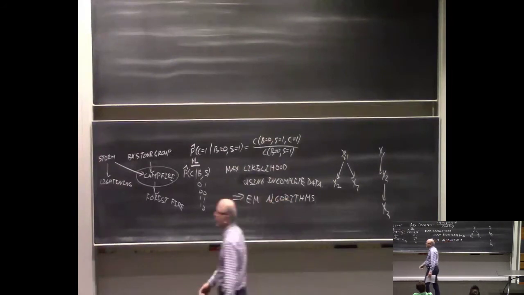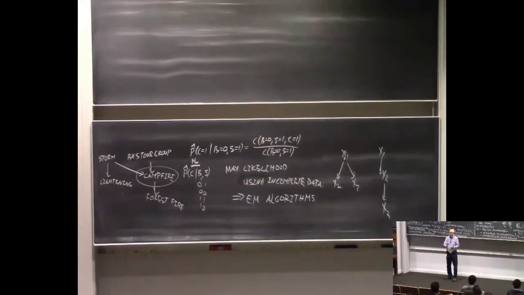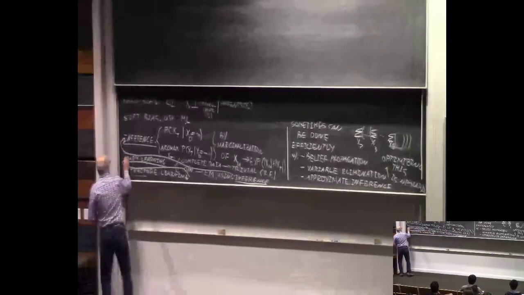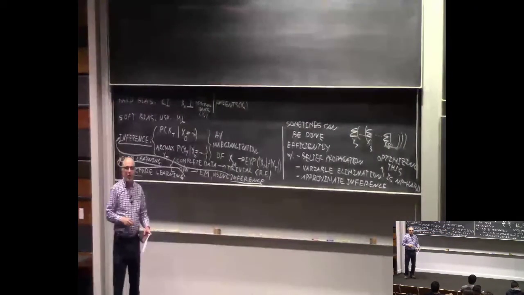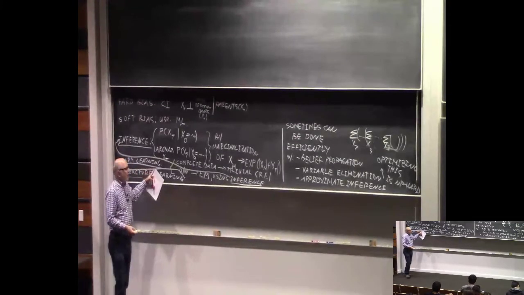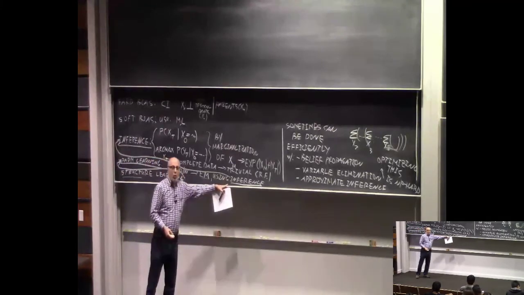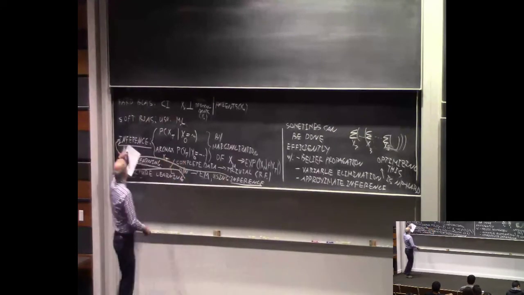So in order to take one step in structure learning, the simple step of comparing 2 structures, I need to do parameter learning. If I have complete data, parameter learning is trivial. But if I have incomplete data, I need to do EM, which means I need to go to inference.